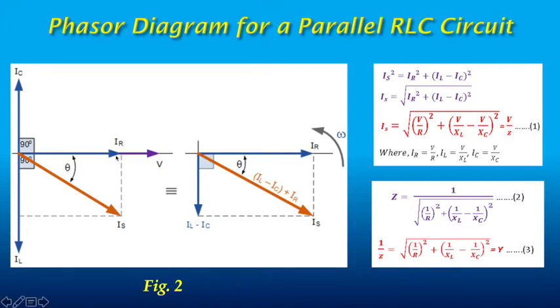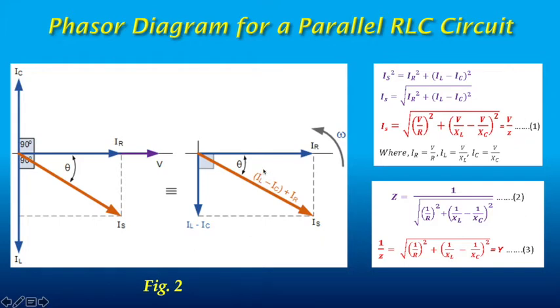Here V and IR are in phase, IC has a 90-degree phase angle difference, and IL has a 90-degree phase angle difference from IR. So this is the resultant current Is, and this current is IL minus IC, because here IL is greater than IC.